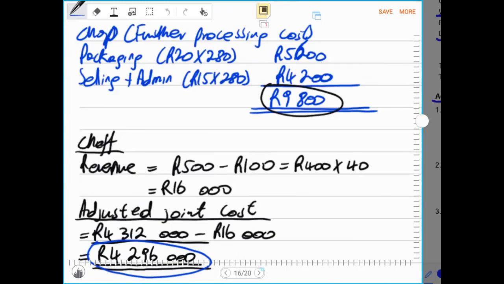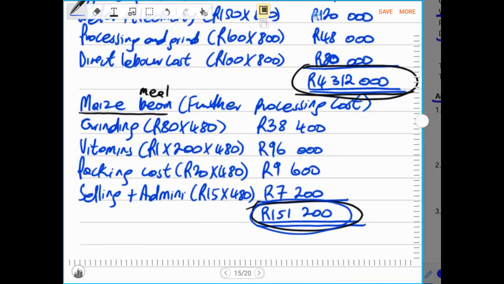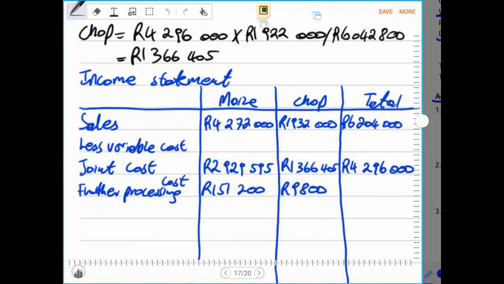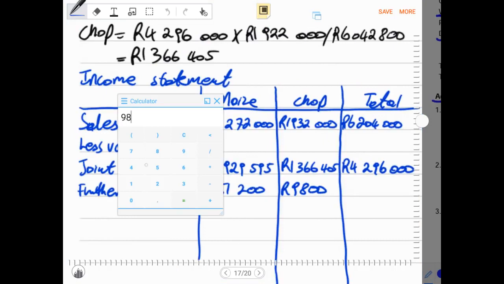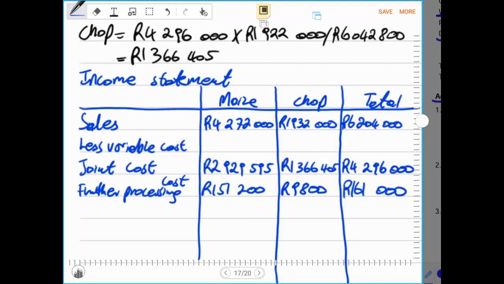Just confirm, yes, 9.8. 151,200 further processing cost, and this one is 9,800. So I was right on that. 9,800 plus 151,200. So the total will be 161,000 rands. So that will be the total column for the further processing cost.